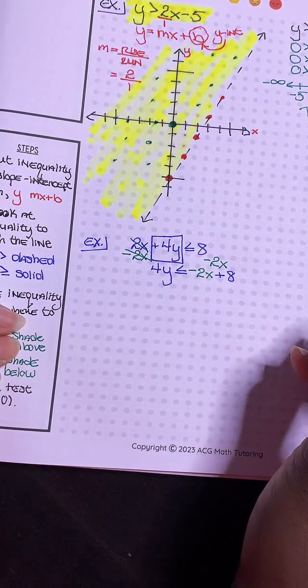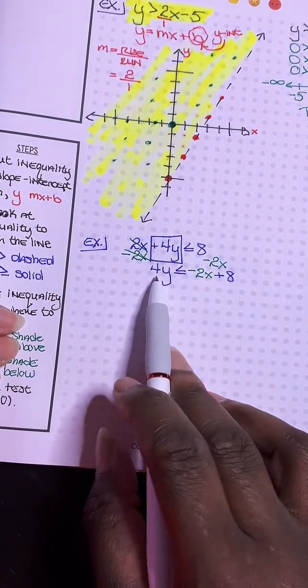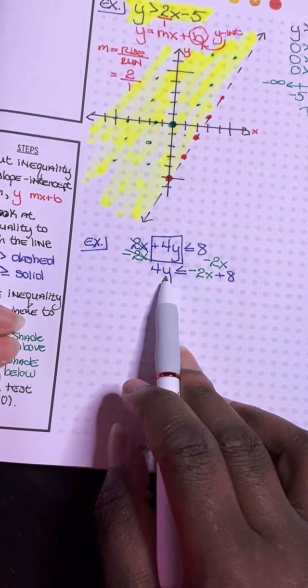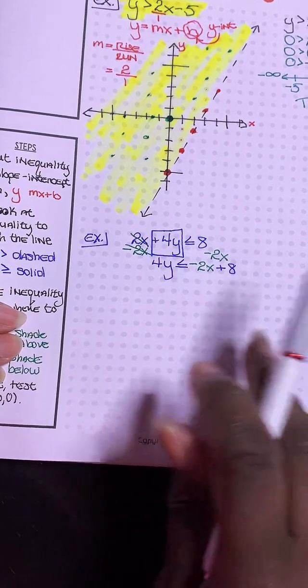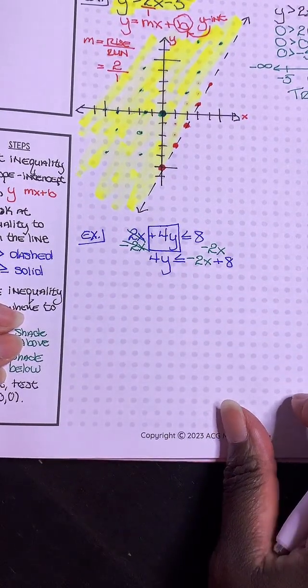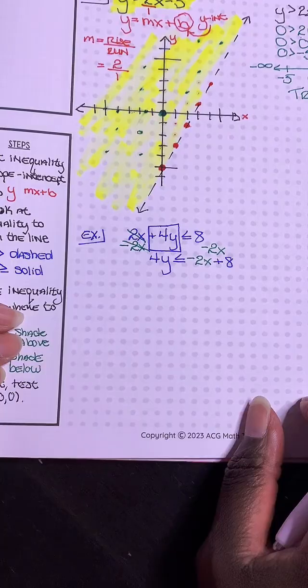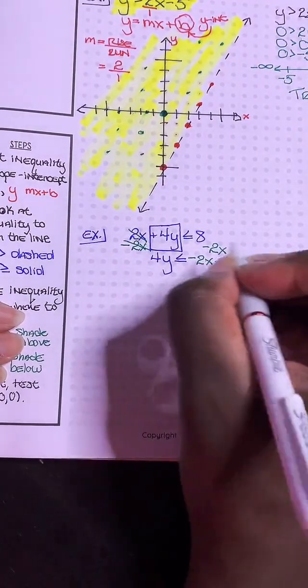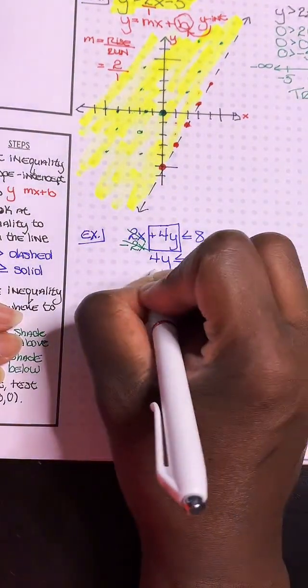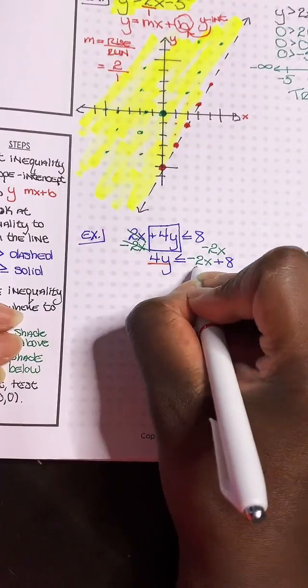All right, good. So now we have 4y. We don't want to know what 4y is. We want to know what y is. So what do we have to do? Divide by 4.